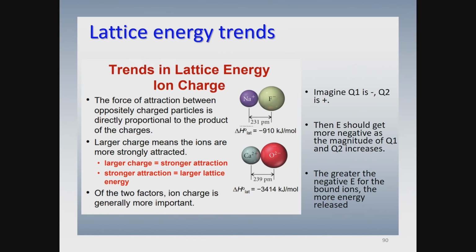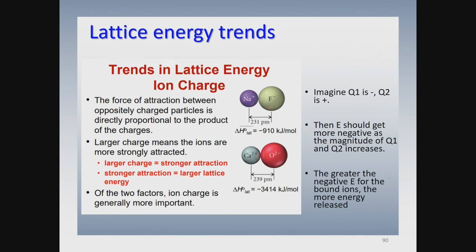The oxygen anion is -2 charged. Notice that the calcium cation is bound at approximately the same distance to the oxygen anion as sodium is bound to fluoride. Sodium bound to fluoride is about 231 picometers between the nuclei of the ions, and calcium oxygen is about the same distance.